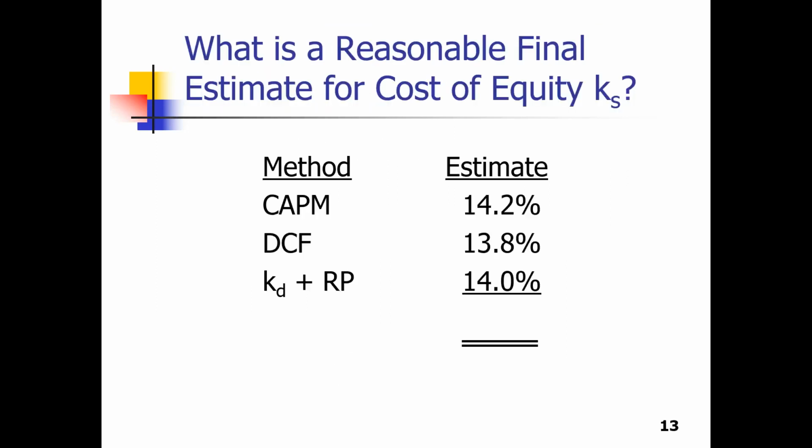As I said, the job is an approximate job because cost of equity cannot be precisely calculated. CAPM says 14.2, Gordon says 13.8, debt plus a risk premium says 14. We average these three numbers and we get 14% in this classroom exercise.